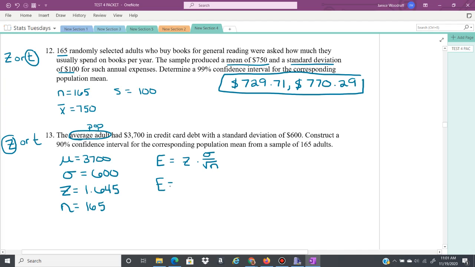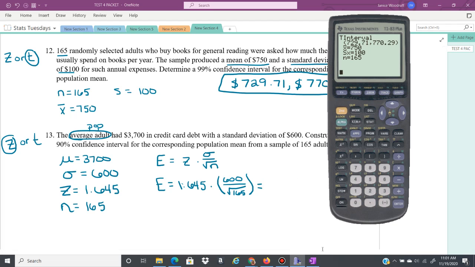So here I am doing E will equal 1.645 times 600 over the square root of 165. So 600 over the square root of 165 gives us 46.71. And then let's go ahead and multiply that by 1.645.